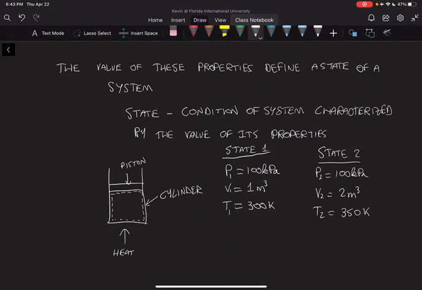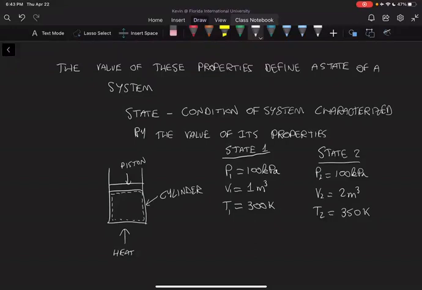So it's a state, a condition of a system characterized by the value of its properties. A state is not liquid, gas, or solid. Okay, so make sure you do not confuse that, because a lot of people will confuse what is a state of a system. Oh, it's a liquid or it's a gas. This is not correct. A state is not a definition of what the system looks like in terms of its physical composition.